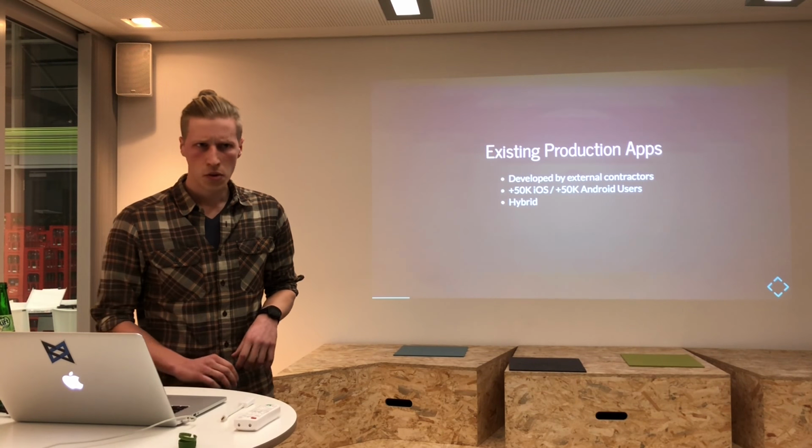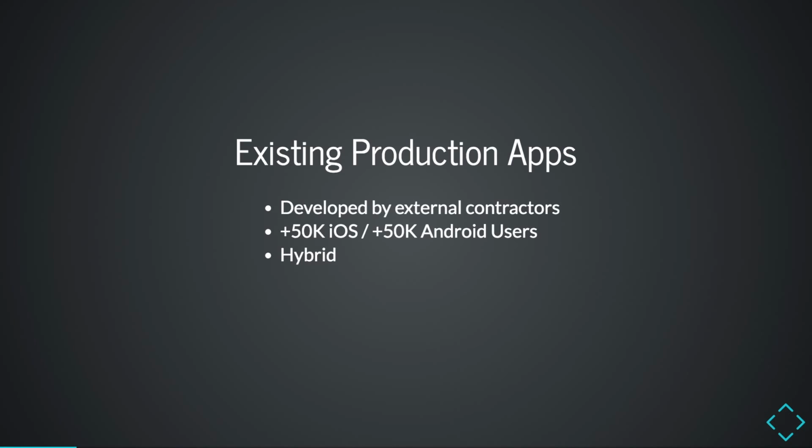We actually have 2 applications in production today, one for iOS, one for Android, and they each have about 50,000 users. But these applications were developed by external contractors. So there's actually no one in InterNations who knows how to develop these hybrid applications.